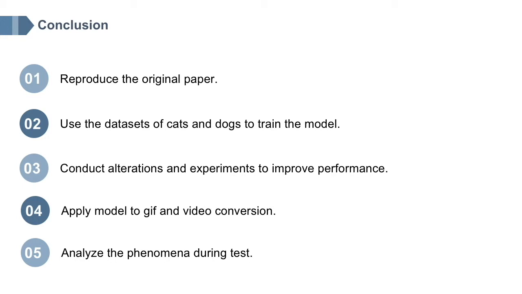Then, we used the datasets of cats and dogs to train the model. And we conducted alterations and experiments to improve performance. After that, we did GIF and video conversion to show some simple applications of cat-dog transfer. Finally, we analyzed the phenomena showing up during the test process.